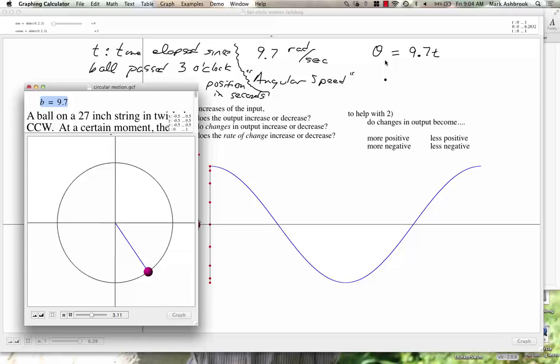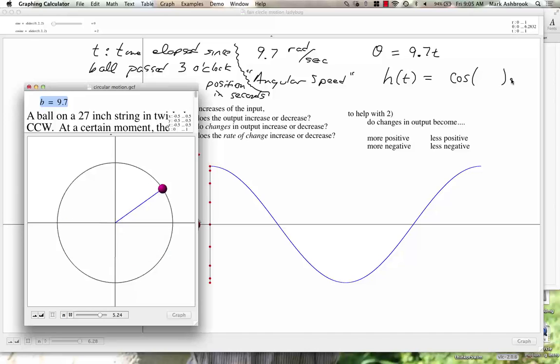And so then if we wanted to write the horizontal position of the ball to the right of the vertical diameter, in a fraction of a radius, as a function of time, how would we do that? If I want horizontal position, it'll be cosine.